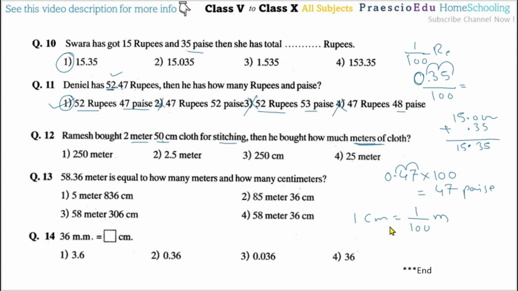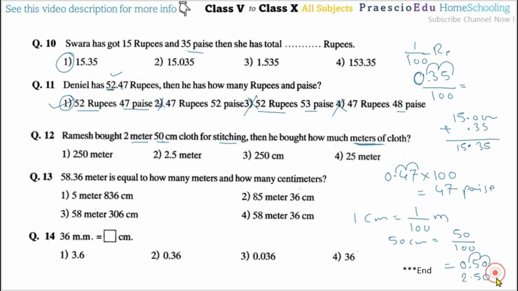So here 50 centimeter means 50 by 100. So 50 can be written as 50, and then this decimal we have to shift to the left side by two places, 1 and 2, so 0.50, and here the 2 meter we have to add.